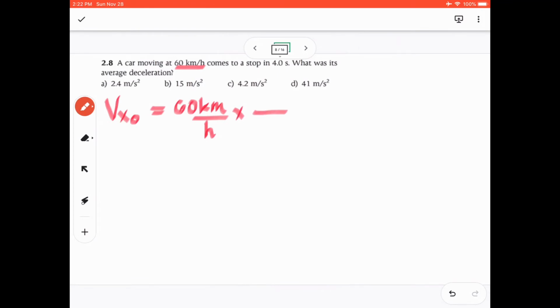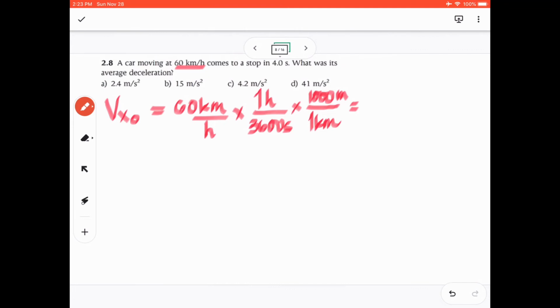The conversion factors are 1 hour is equal to 3,600 seconds, multiplied by another conversion factor, 1 kilometer is equal to 1,000 meters. Or you can just do it easily in your calculator if you have the automatic conversion.